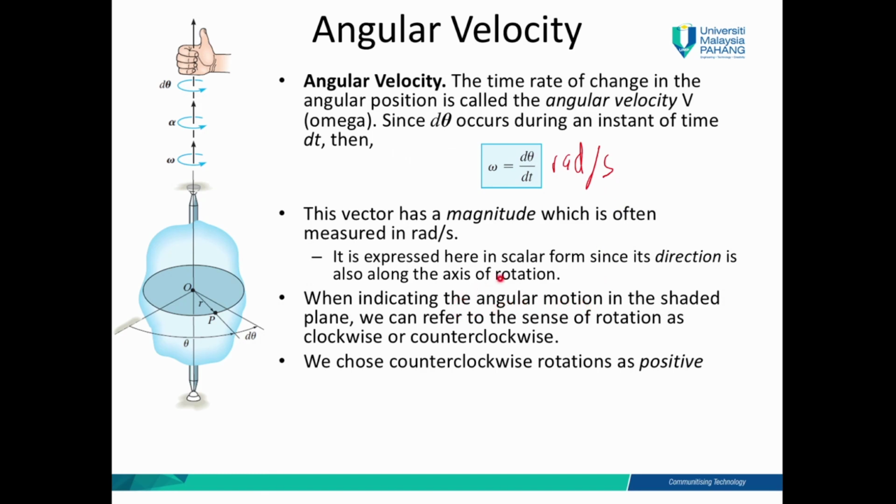The direction of this angular velocity is also the same as your angular displacement, which depends on your right hand rule. So the direction of angular velocity is along the axis of rotation. Usually we refer to counterclockwise rotation as positive, just like your hand here.